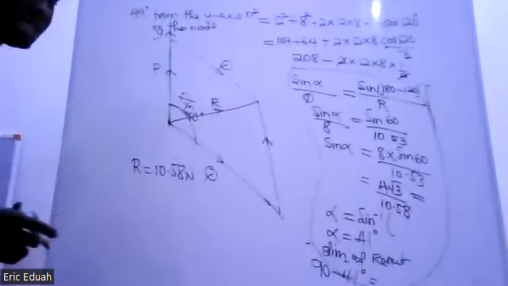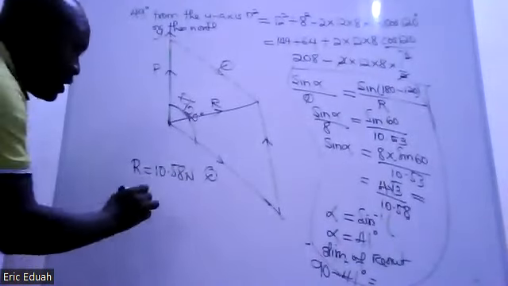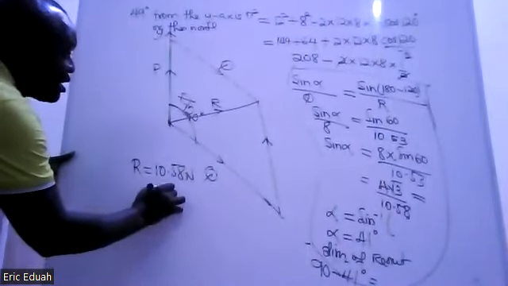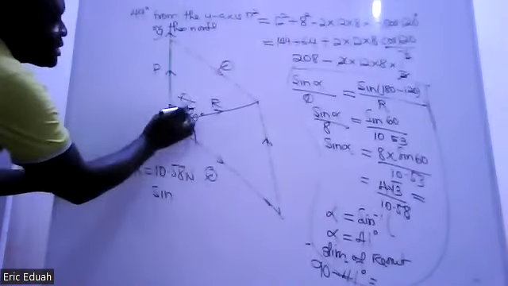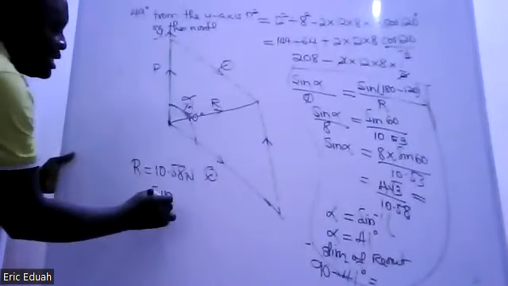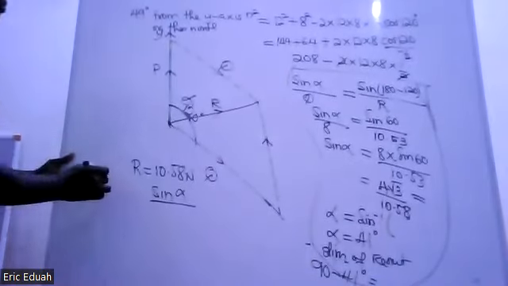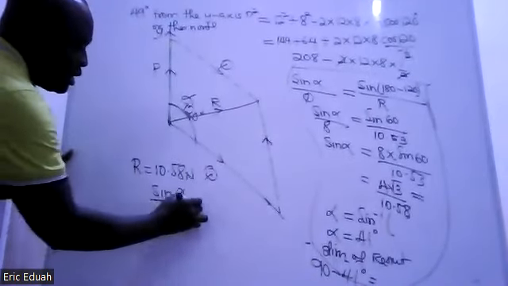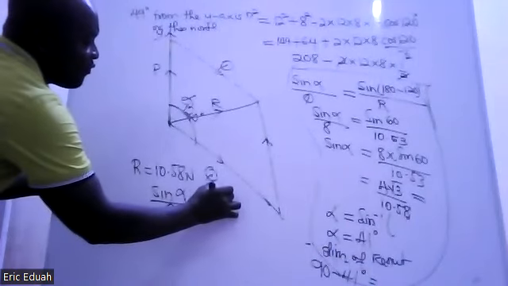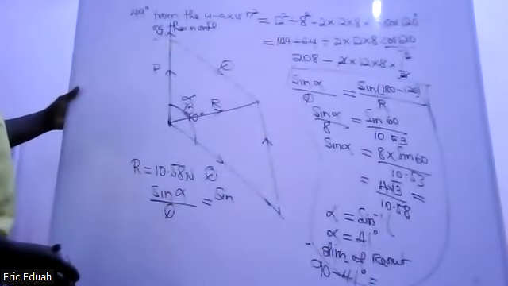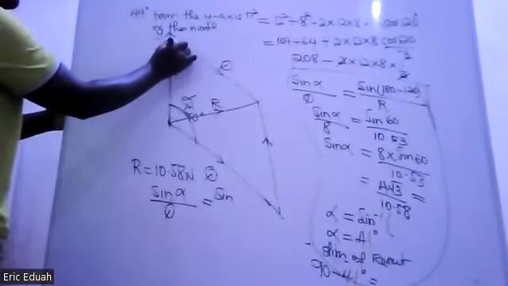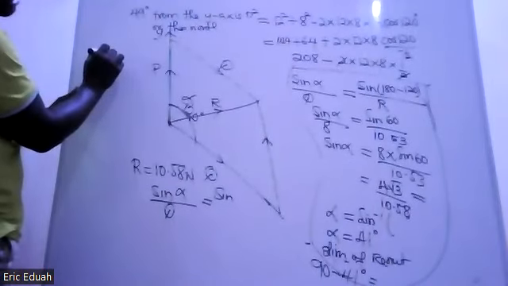Using the sine rule, we have sine of alpha, let's change it to alpha because theta is the 120, over Q is equal to sine of any available angle we earlier calculated for this.